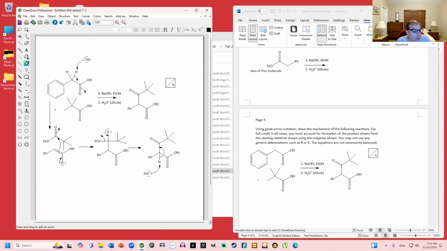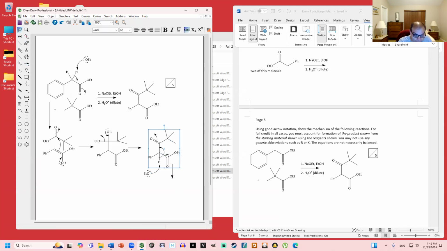And I'm choosing to show formation of the enolate on this top carbonyl. I could just as easily have moved the electrons in between those two carbons and put the minus charge on this oxygen. It's fine. You're just showing a different resonance form of the enolate. You know the rules for intermediates that are resonance stabilized. It doesn't matter which resonance form you use.